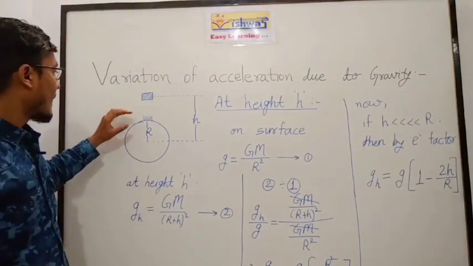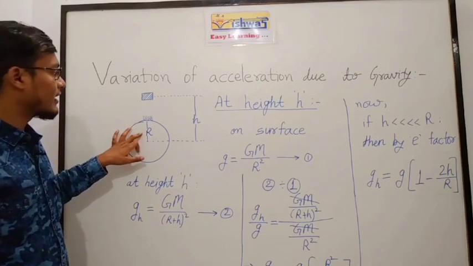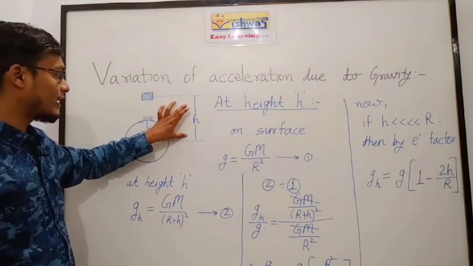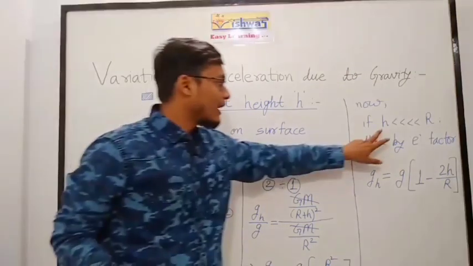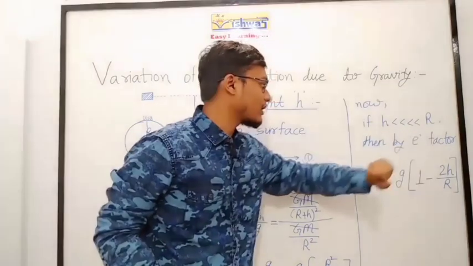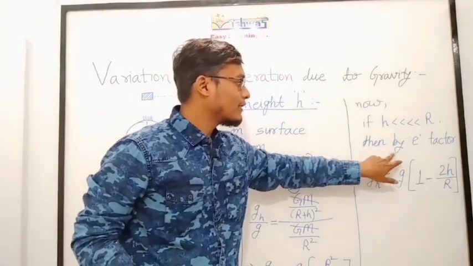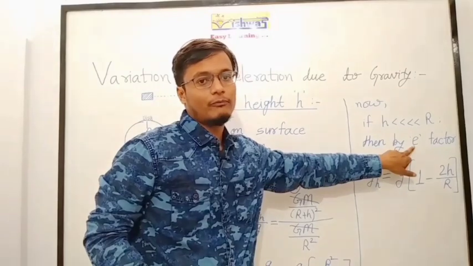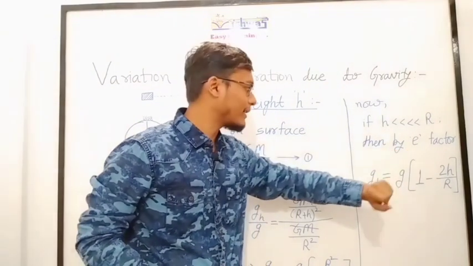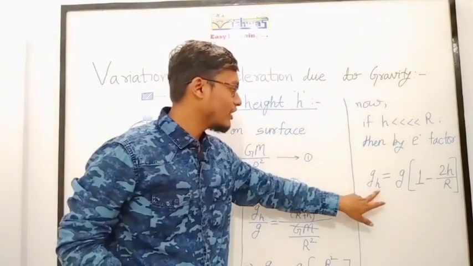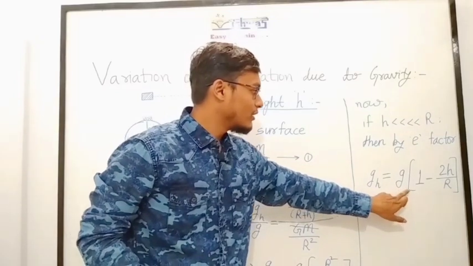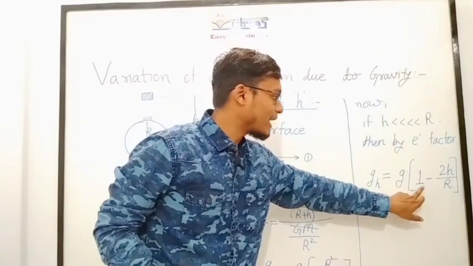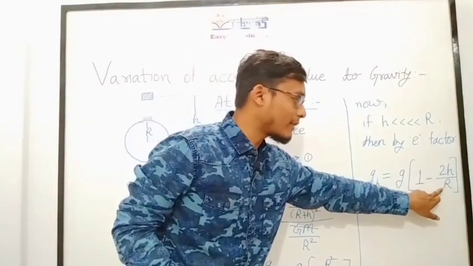So r is very much greater than this height h, that is, h is smaller than r. Then by means of the binomial expansion used in mathematics, we get gh is equal to g multiplied by (1 minus 2h by r).